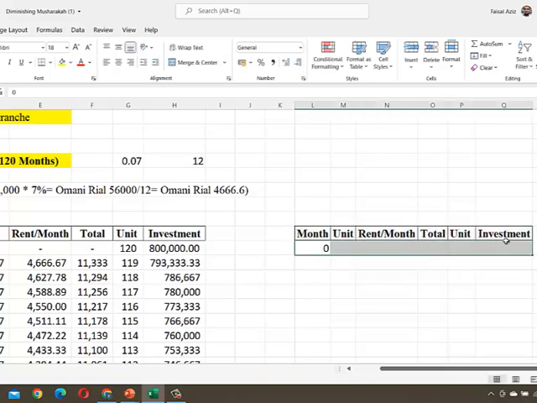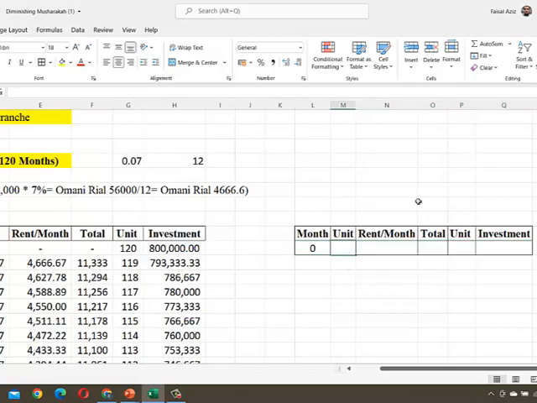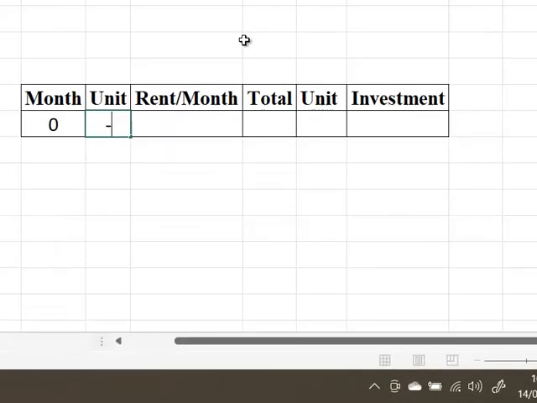At time 0 no unit is purchased and there will be no rental. Let me copy. There will be no rent at time 0 and there will be no total at time 0. Number of units, in fact they are 120 and the investment from the bank side is 800,000.